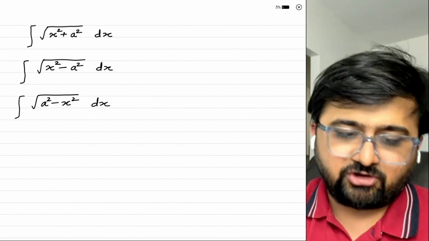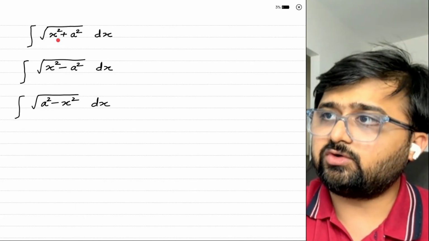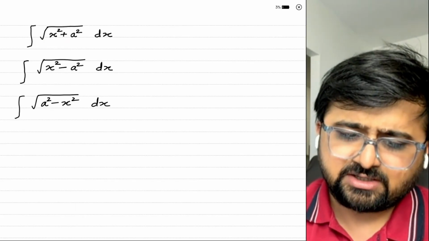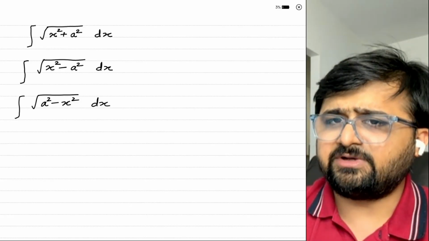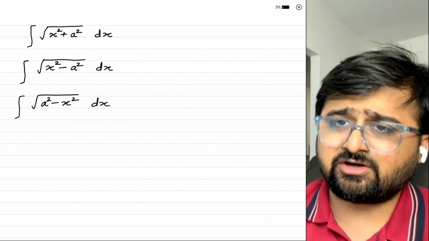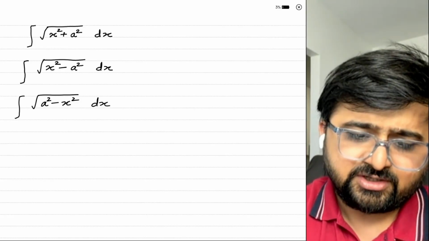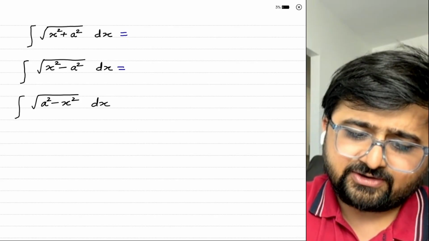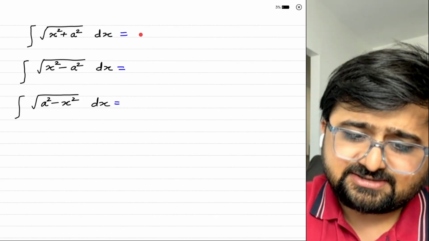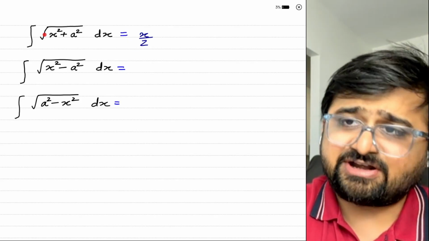Now, the next set of formulas we have is just the square root of the quadratic function. These are a little bit lengthier formulas. So there is a specific trick which I like to use to remember them. Remember that all the formulas of this kind start with x by 2, and you just write the same function.